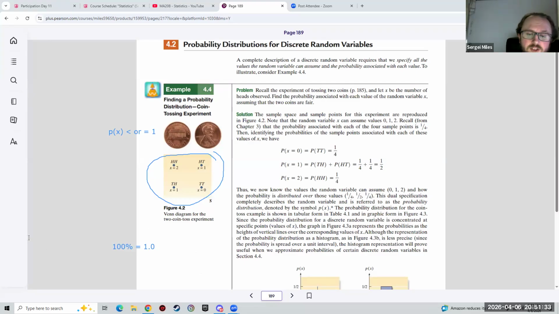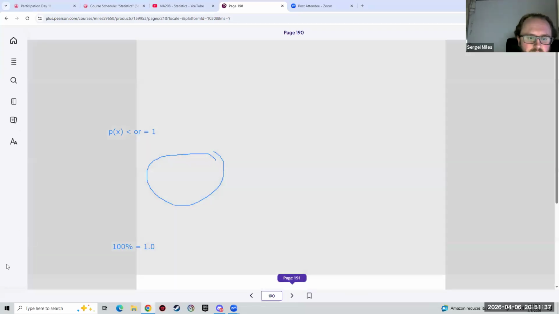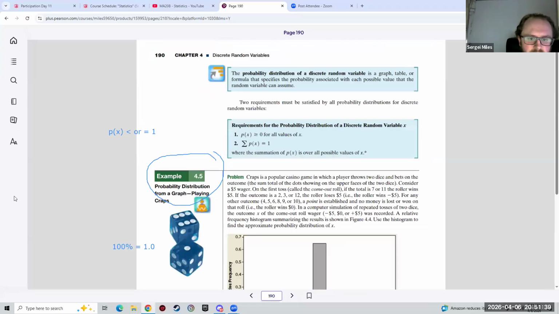All right, so we have these two requirements here. So let me go back now to the page we were looking at. All the probabilities have to be between 0 and 1 for each individual probability. And then if I sum, this is our sum notation here, where we have this capital Greek letter sigma, if I sum up all of the possible probabilities, that has to add up to 1.